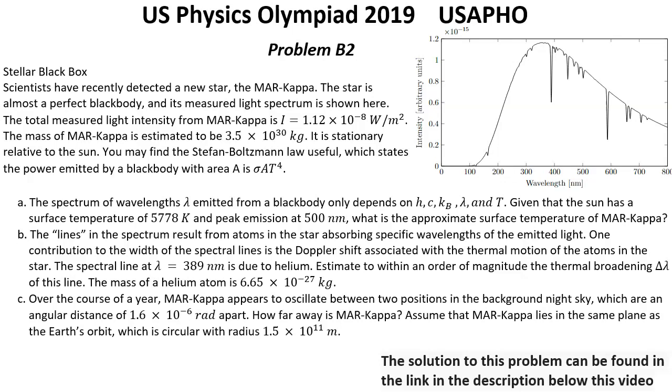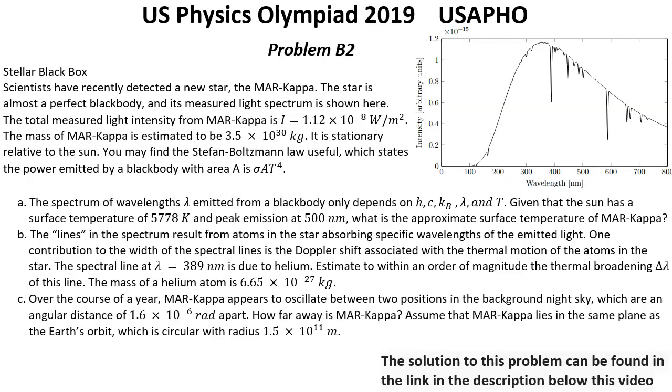The star is almost a perfect black body, and its measured light spectrum is shown here. The total measured light intensity from MAR Kappa is 1.12 × 10^-8 watt per square meter.